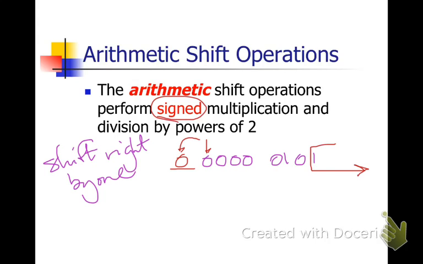Okay? So this does division by 2 to the 1. So 5 divided by 2. What is my remainder? Well, it's going to be 1. What is my quotient? It is 2, and that is exactly what we have left when everything is shifted. Okay? Alright, that's arithmetic shifts.